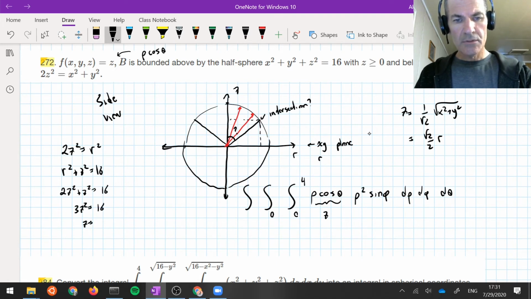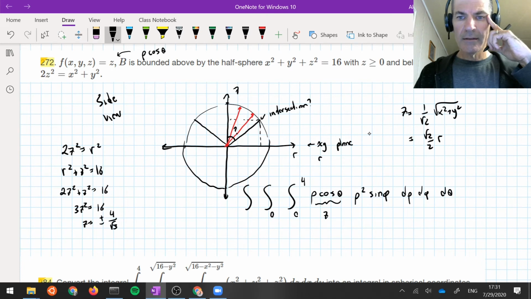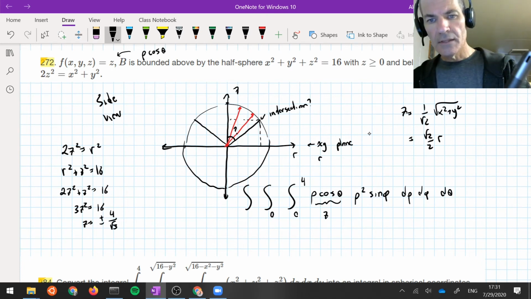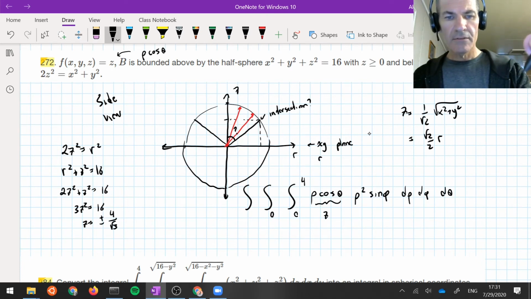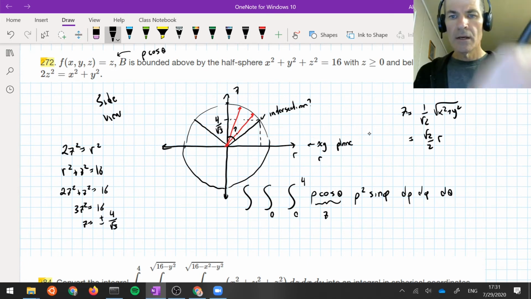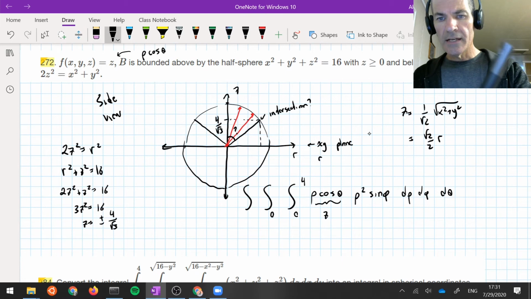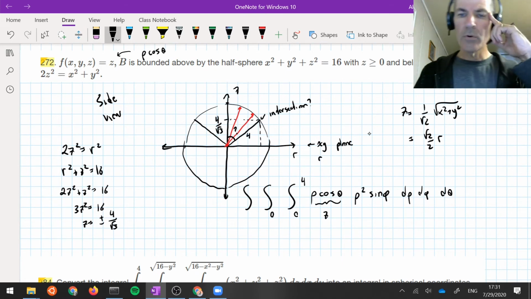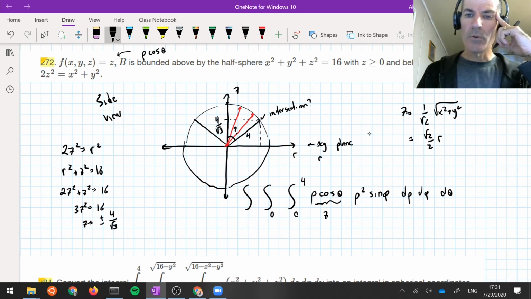z is equal to plus or minus 4 over root 3. And that tells me this height right here. The height of this intersection is actually 4 over root 3. I also know, because this is the radius of a sphere of radius 4, that side is 4.